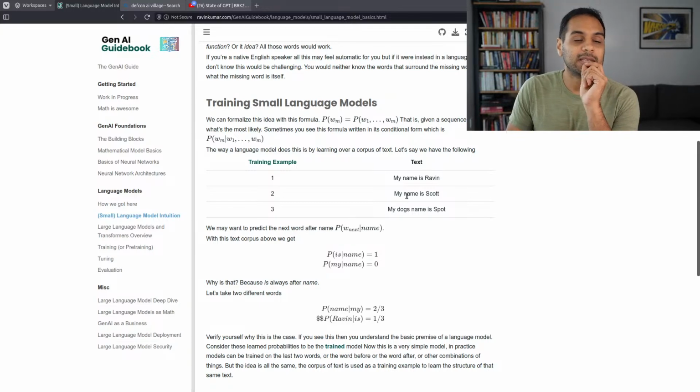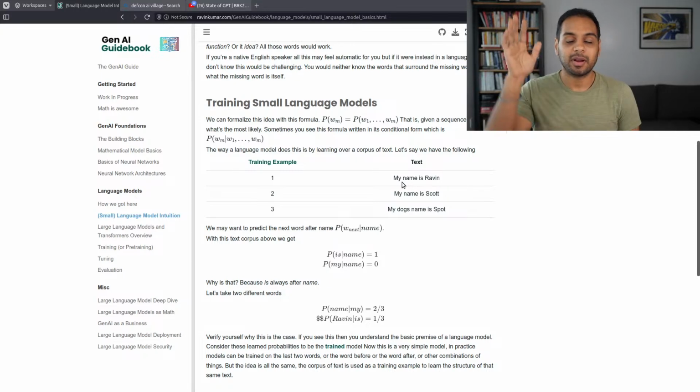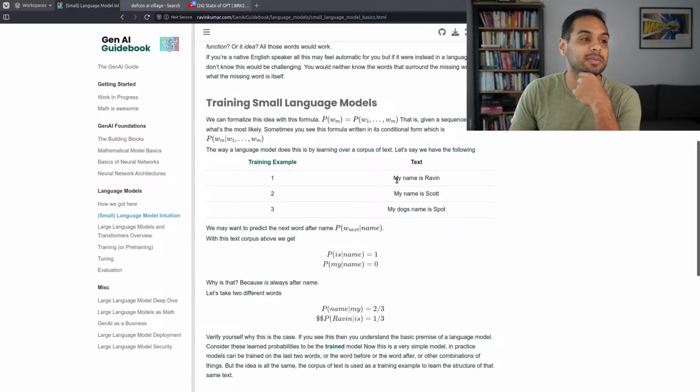But what's something subtle here that I didn't cover in depth last time, but I want to bring up here, is that what's happening is what's called self-supervised learning. We don't have a set of output data and a set of input data. What we have is the inputs and outputs together. So in this sentence, we take the word and we look ahead.